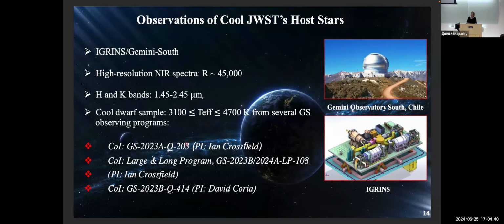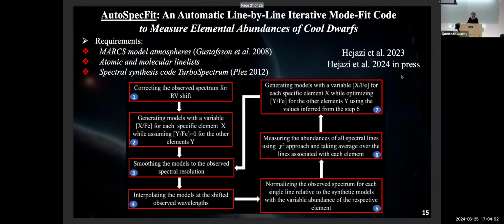So for our research, we have collected some host stars, including JWST host stars, from IGRINS instruments, and we have developed an automatic pipeline that can measure the abundances of cool dwarfs in an iterative manner.